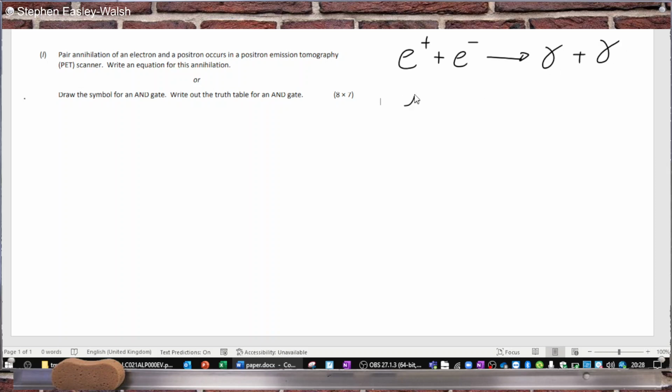You could have e+ (0,+1) plus e- (0,-1) forming two gammas. Yeah, there's different ways to write it. I think the safest way to write it might be like this, because what's happening is they're cancelling each other out and producing energy.